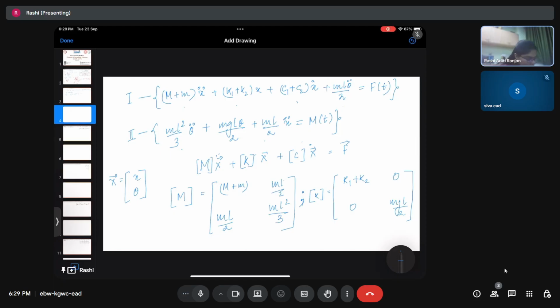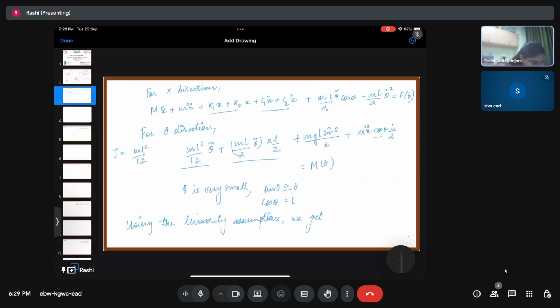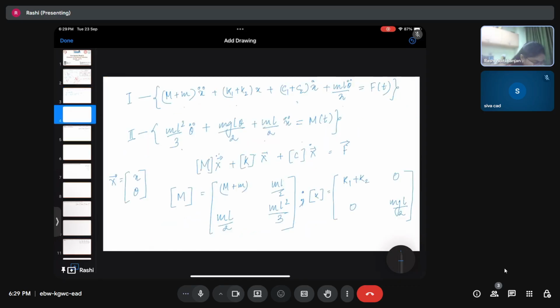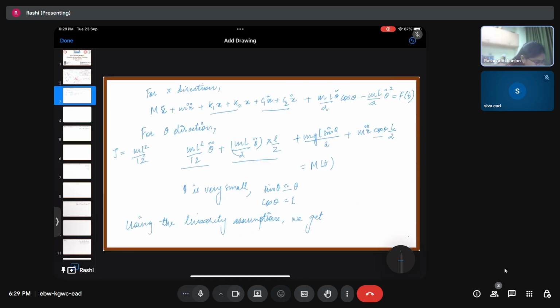Similarly for C, okay, just a second. Over here it should be a sine theta actually. This term we neglected. Why? Because we have theta dot square into sine theta, which is very small.